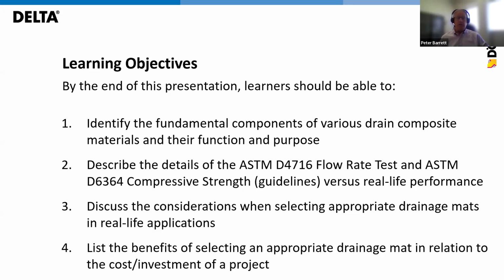You ought to be able to discuss the considerations when selecting appropriate drainage mats for real life applications, as well as list the benefits for selecting an appropriate drainage mat in relation to the cost and the investment of the project.